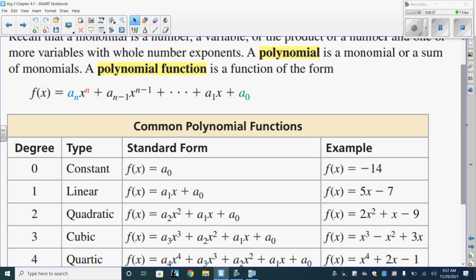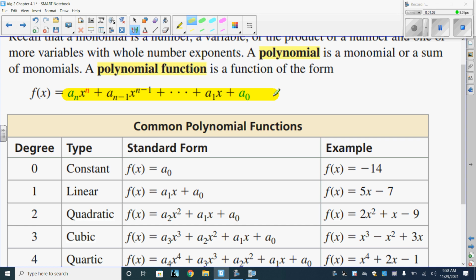So a polynomial function, a polynomial is a monomial or sum of monomials, one term. A polynomial function is written in this form here. Now, a sub n of x to the n, this entire equation, I'll just highlight it. This here is just a general way to write any and all polynomial functions. The a sub n minus 1 is just any constant term, so we're just talking about a number.